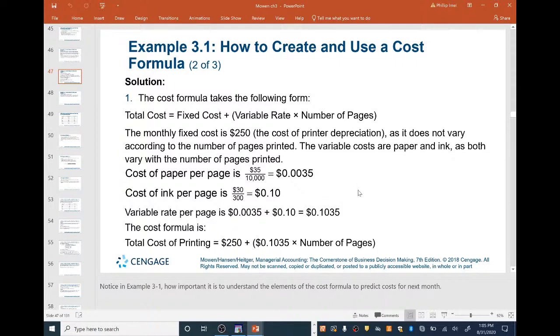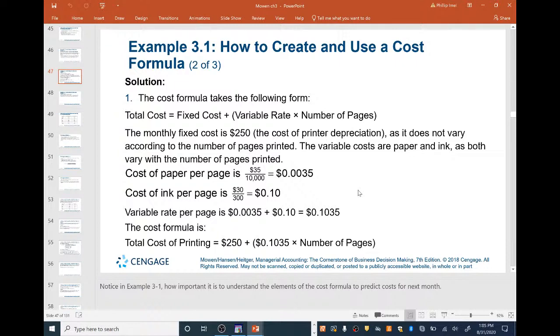So therefore, our variable rate per page is going to be the cost of the paper per page and the cost of the ink per page. So if we add those up, we can see that 0.0035 and 0.10 is going to equal 0.1035. Okay, so that's our variable rate per page.